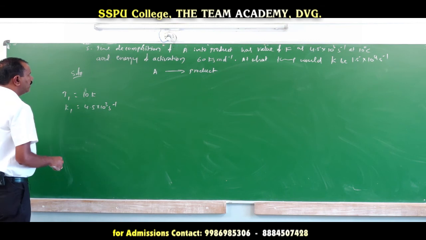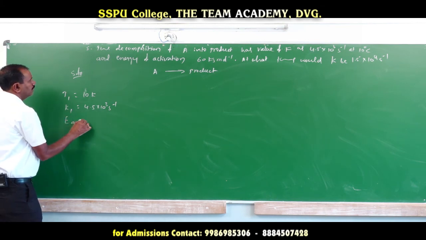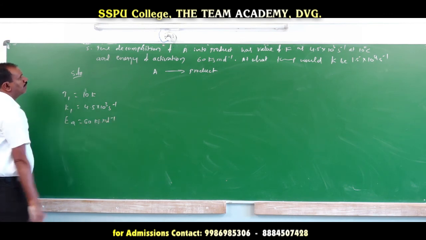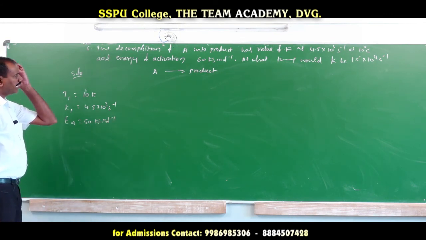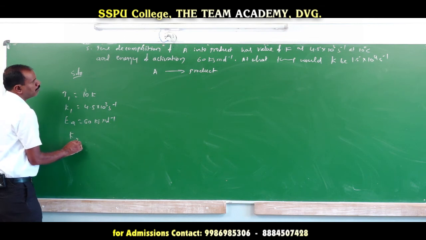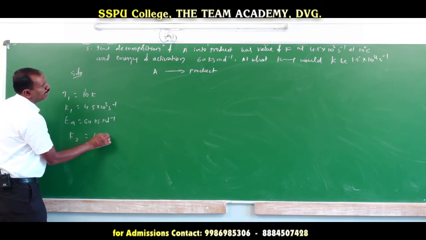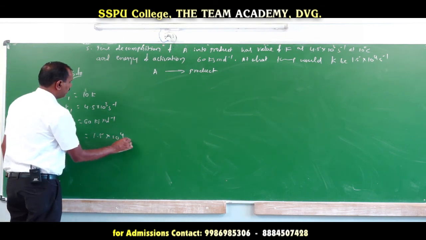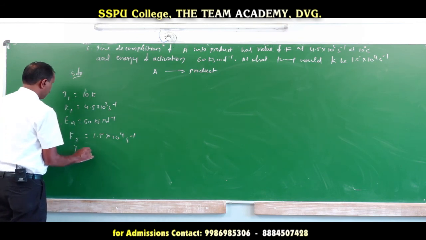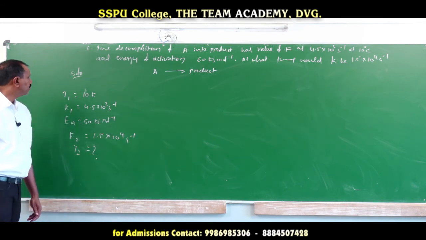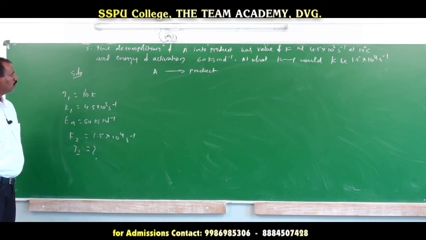Energy of activation is given as 60 kilojoule per mole. At what temperature would K become, that is K2 becomes, 1.5 into 10 to the power of 4 per second, when the temperature is T2. You have to find out T2.